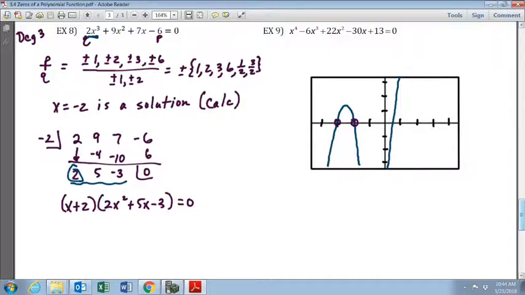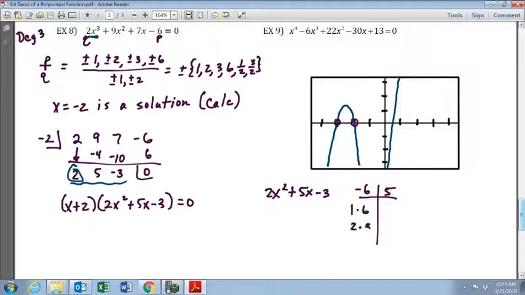Now as you look at this, our quadratic polynomial is something that we should be able to factor using the AC method. So let's go ahead and go over here and use the AC method. Here AC is going to be -6 and B is 5.